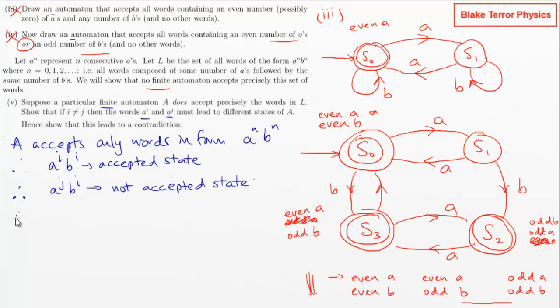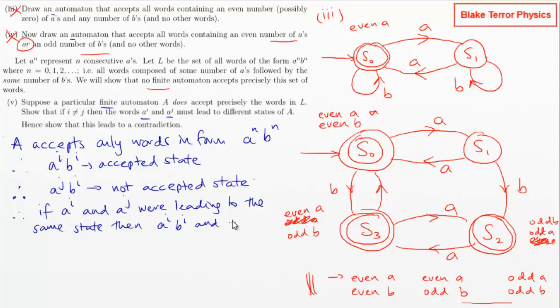So therefore, if A^I and A^J were leading to the same state, then A^I B^I and A^J B^I would also lead to the same state.